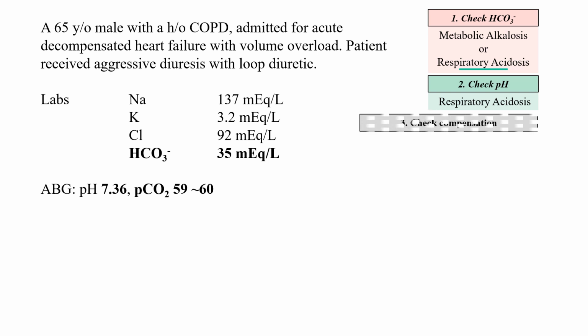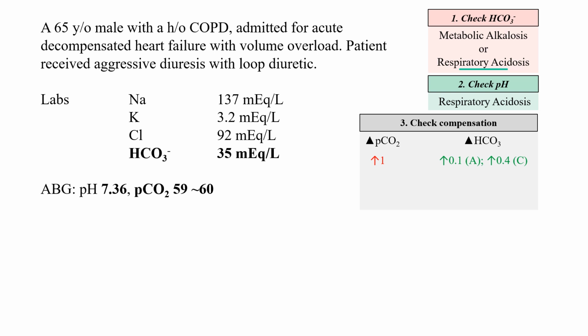Step 3, check compensation. For acute respiratory acidosis, every 1 increase in PCO2 would result in an increase of 0.1 in bicarbonate. And for chronic respiratory acidosis, every 1 increase in PCO2 would result in an increase of 0.4 in bicarbonate.